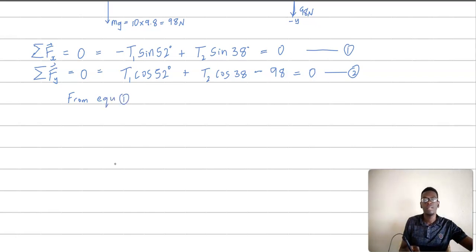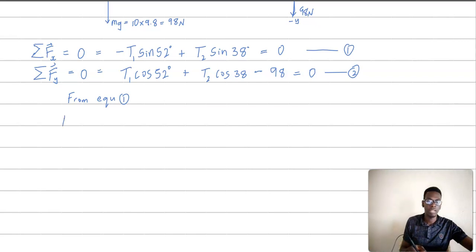We make T1 the subject, and we take the entirety of this term to the other side of the equal sign. That will give us the equation T2 sine 38 equal to T1 sine 52. And to make T1 the subject, we divide both sides by sine 52.